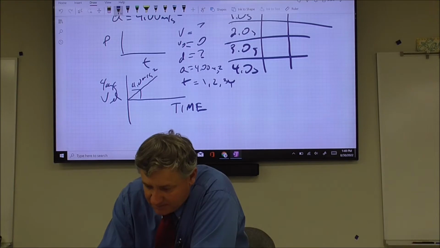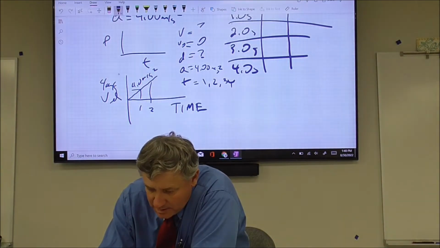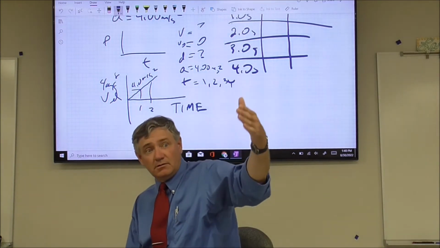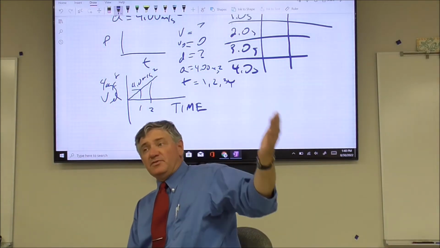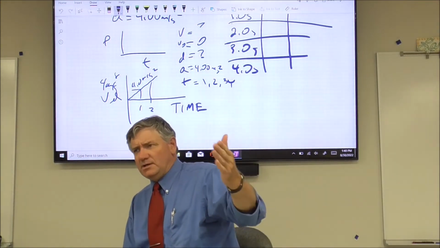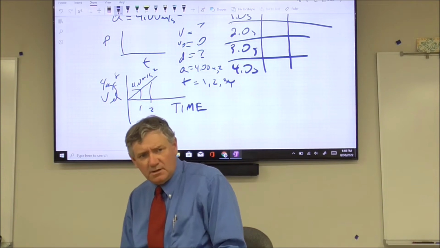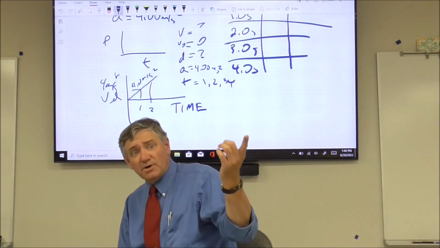At the end of 2 seconds, you're going to be going 8. At the end of 3, you're going to be 12. At the end of 4, you're going to be 16. I'm going to go from 4 to 8 to 12 to 16. Oh, my final velocity is going to be 16 meters per second. So that's one option.